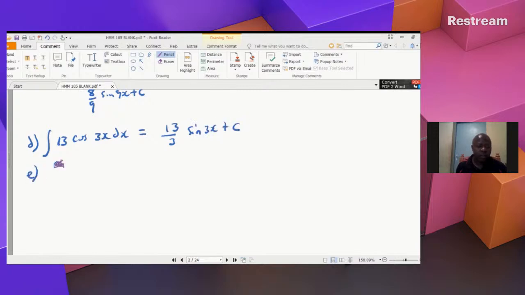Likewise, if you're given cos of 90x dx, the constant here is 1. So 1 out of 90 sine of 90x plus constant of integration. So it's very easy doing this kind of integration.